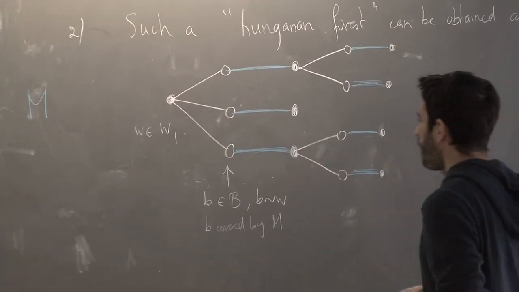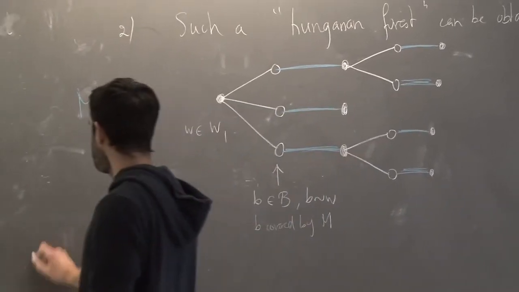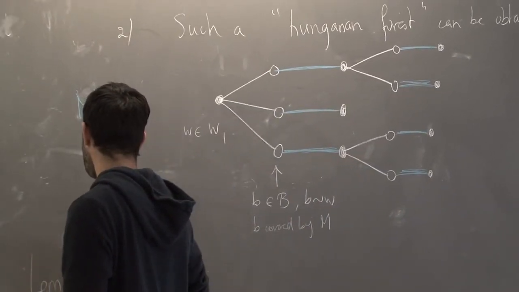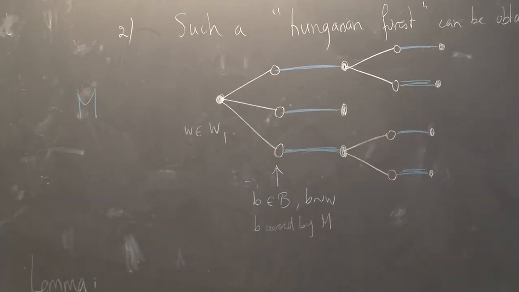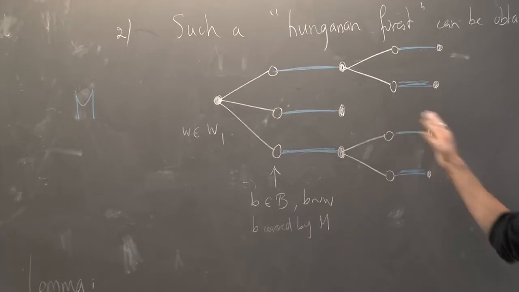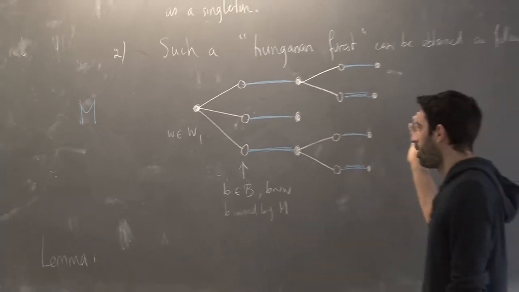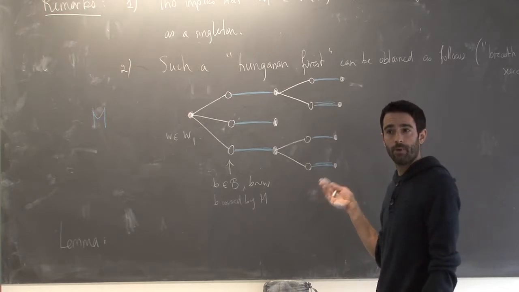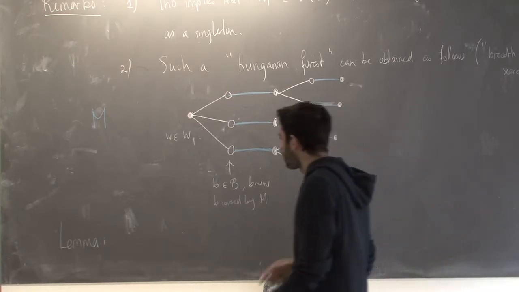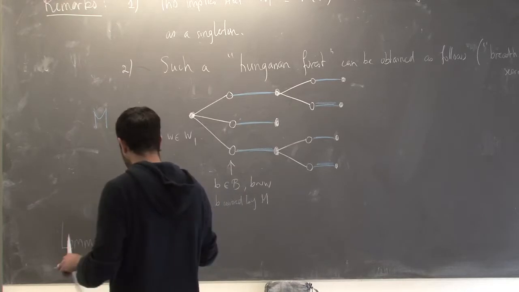Okay, and the lemma that I'm going to state is basically telling us, well, if you do this, you're going to find an M augmenting path if there is one. Okay, remember this notion of M augmenting path? But I'm going to state it in a slightly different way.